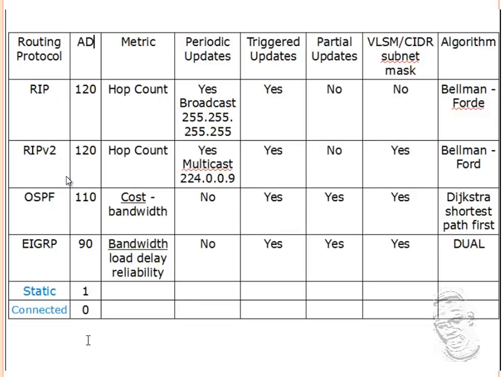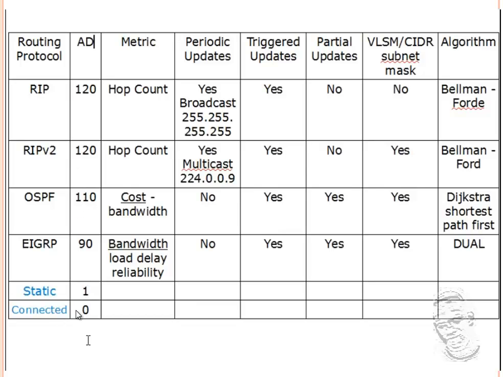For example, if you configure a static route, the packet is most likely going to route via the static route first versus RIP, because RIP has a higher administrative distance of 120, meaning the trustworthiness is lower than a static route.